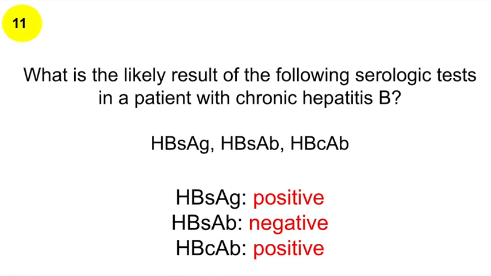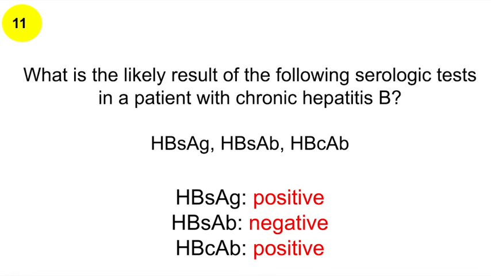So let's break this down. In chronic hepatitis B, it makes sense that the core antibody would be positive because remember, a positive core antibody means that you have come across hepatitis B, whether that is a previous or ongoing infection. So that would of course be positive in chronic hepatitis B.